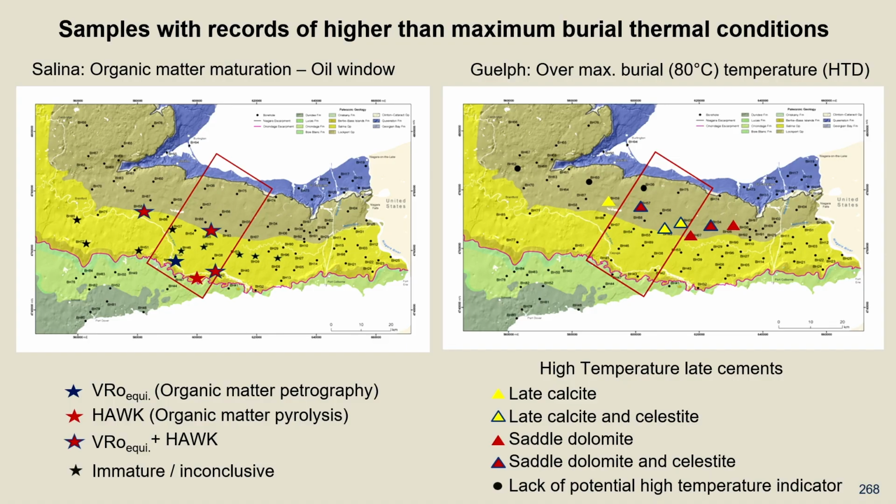The other samples do not record any anomalous heating. The same can be said for the dolomite. If we take for granted that the late saddle dolomite, calcite, and celestite are, as in the Bruce Peninsula, indicators of high temperature conditions, we also have a lot of samples in the anomalous domain that are recording these high temperatures.